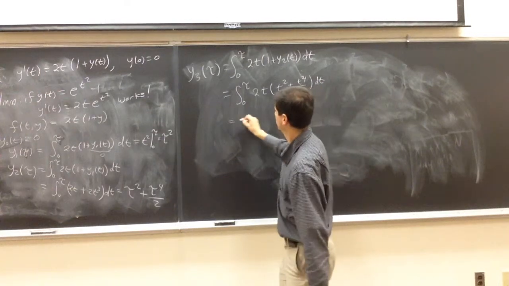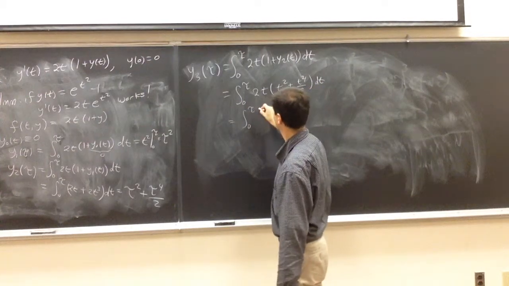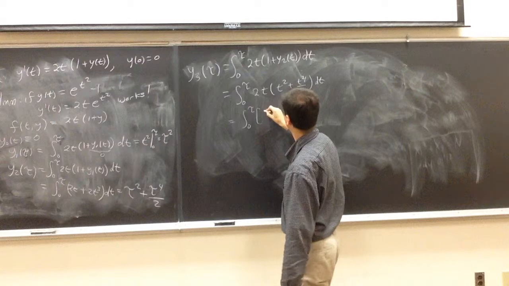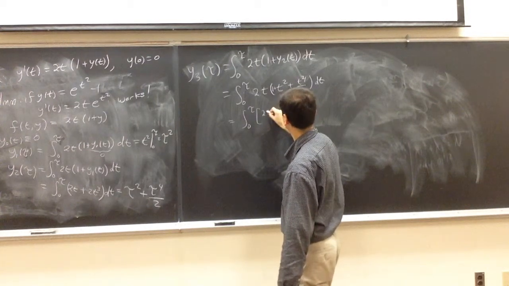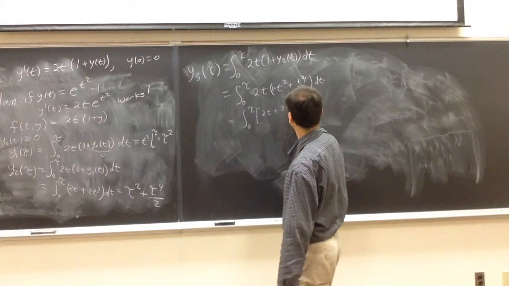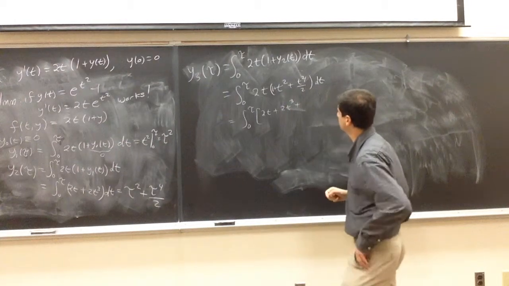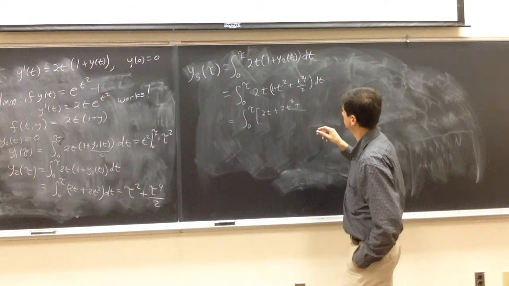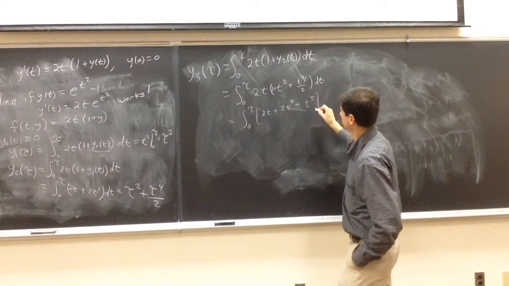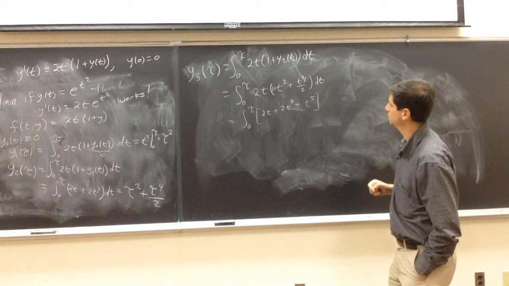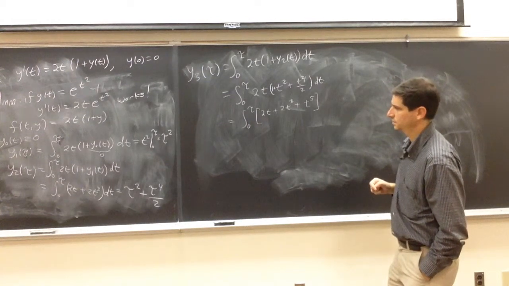So I have the integral from 0 to tau of, I forgot a 1, 2t plus 2t cubed plus t to the 5th. It doesn't quite look right. Is that right?